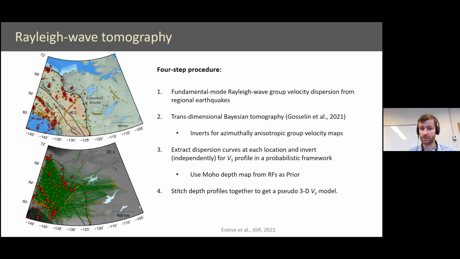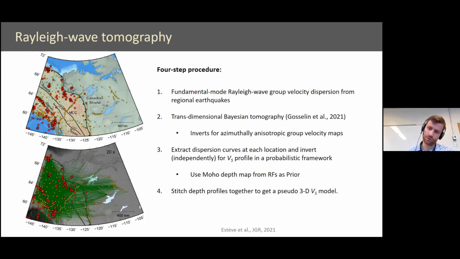Here we employ the transdimensional Bayesian tomography method from Jeremy Gosselin in 2021, which inverts for azimuthally anisotropic group velocity maps. Then we extract dispersion curves at each location and invert independently for shear wave velocity profile in a probabilistic framework.